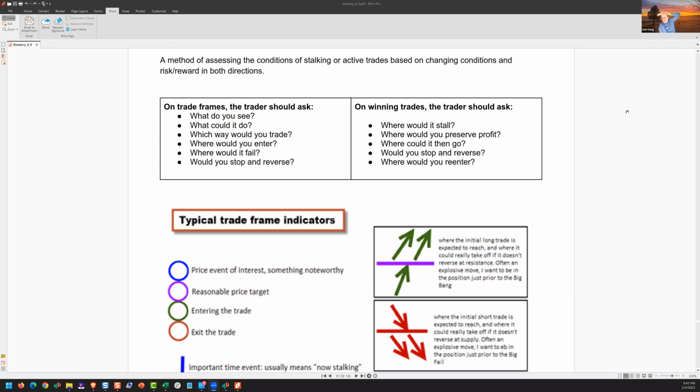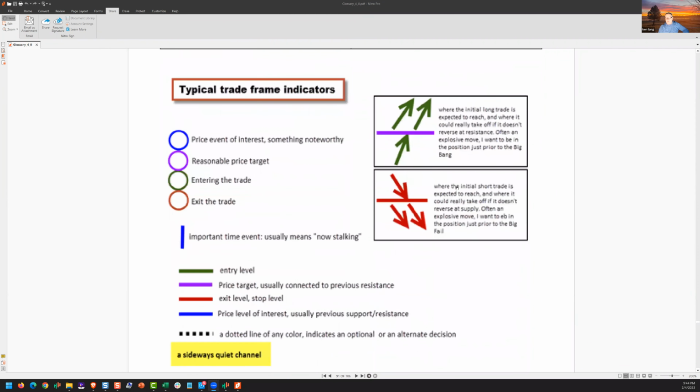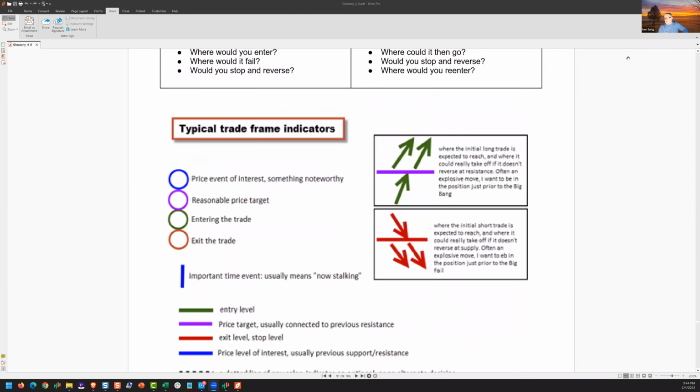So these are the standard questions on every single trade. It makes you frame the trade in both directions, as it says, and then that will give you a properly prepared trade frame. Then you are ready to execute when the market opens.